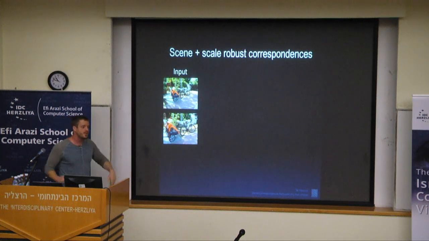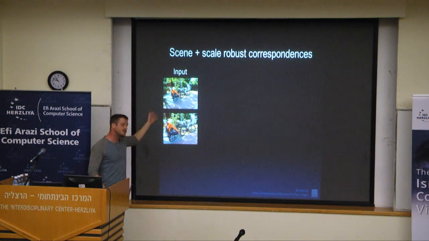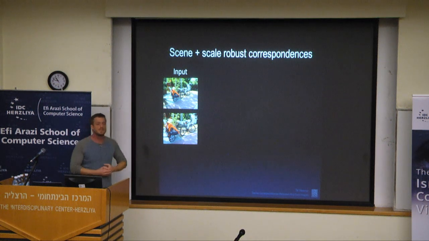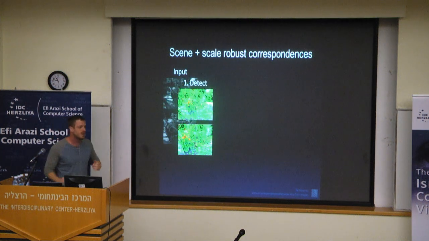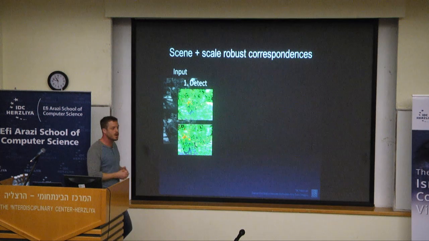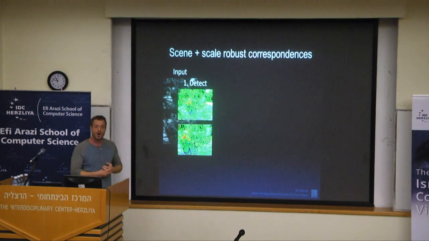Given a pair of input images, in this case, two images of the same scene, but with very obvious scale differences between them, we start off by running your off-the-shelf David Lowe SIFT detector-descriptor combo.